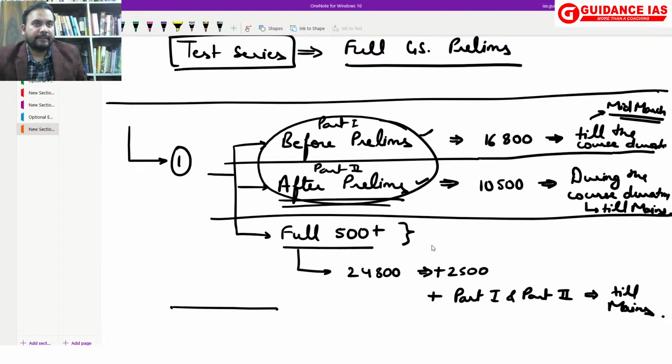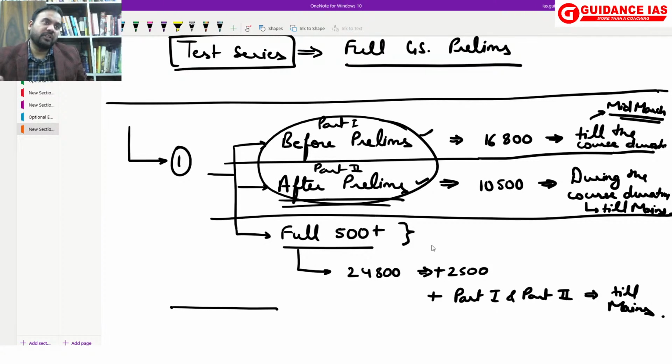Okay. With respect to this, anybody should not have any confusion. That is why those of you who have only taken before prelims, we are calling you and advising you that it is better, because you have to pay the rest, something 8,000 amount, and you will get more benefits if you are joining the full course.